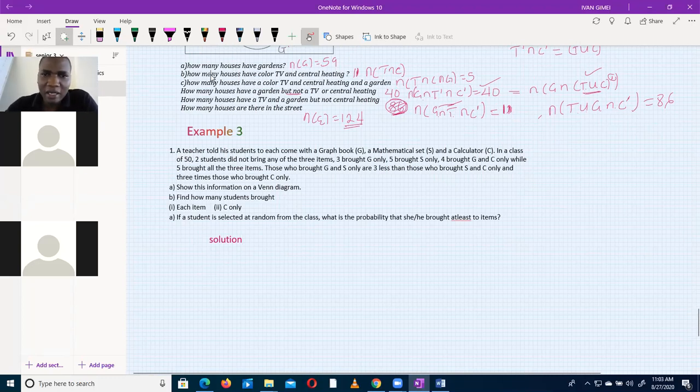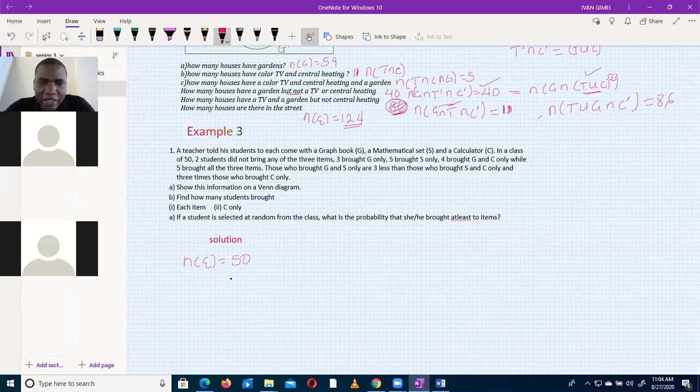When you're doing sets, the first thing you do is summarize the information given, and you write that information in set notation. So the first one is they're saying in a class of 50. That means the universal set you're going to deal with has 50 students. The universal set has 50. That's what we write. Then 2 students did not bring any of the 3 items.